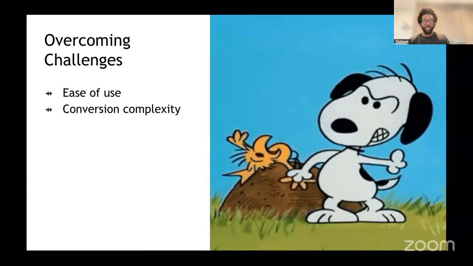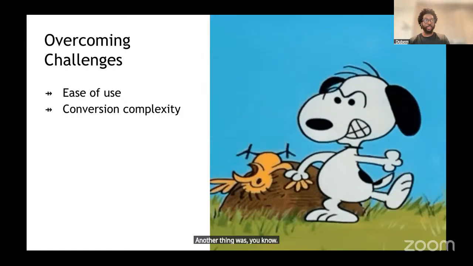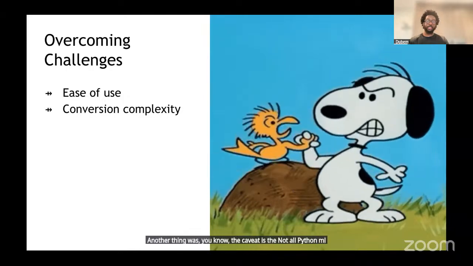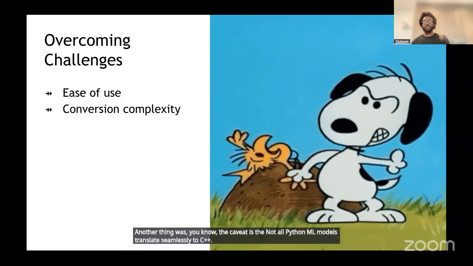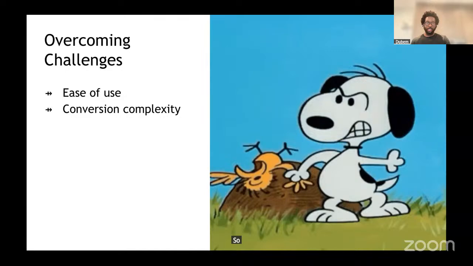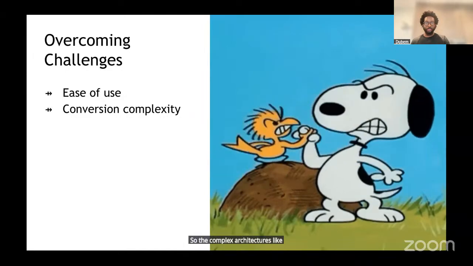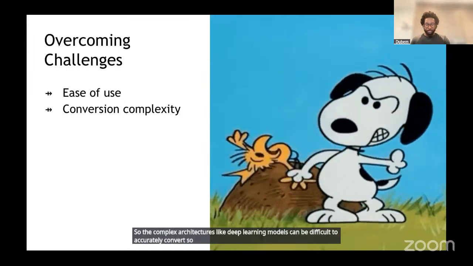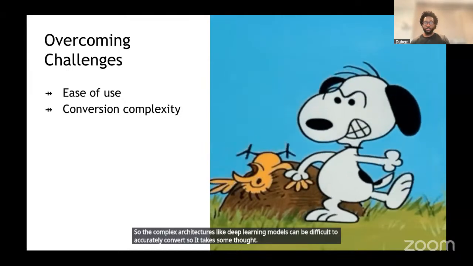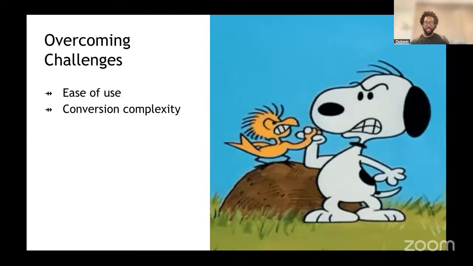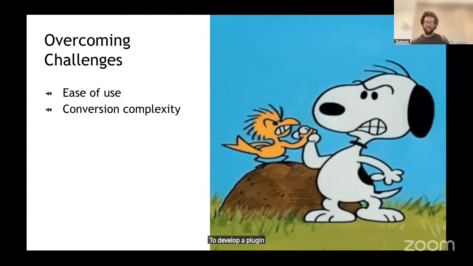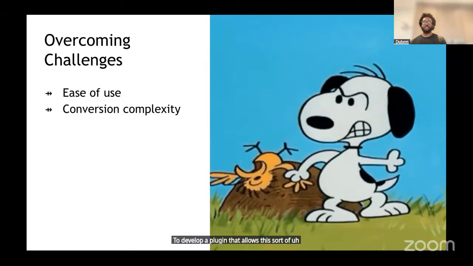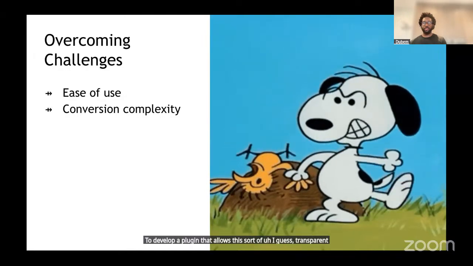Another thing is the caveat that not all Python ML models translate seamlessly to C++. So complex architectures like deep learning models can be difficult to accurately convert. So it takes some thought to develop a plugin that allows, I guess, transparent usability inside of Zeek, right?